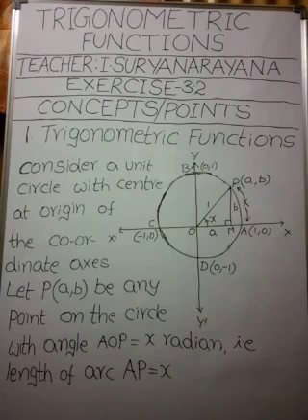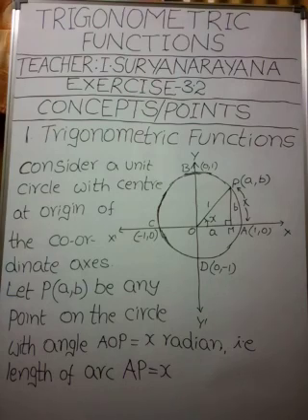We will now extend the definition of trigonometric ratio to any angle in terms of radian measure and study them as trigonometric functions. Both are same. Trigonometric ratios or trigonometric functions denote the same.